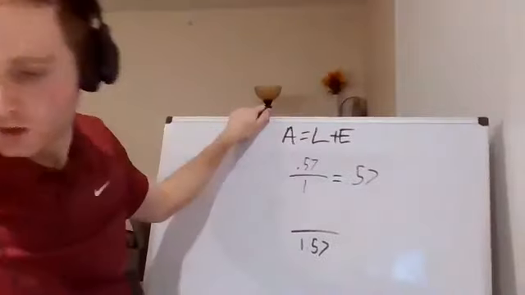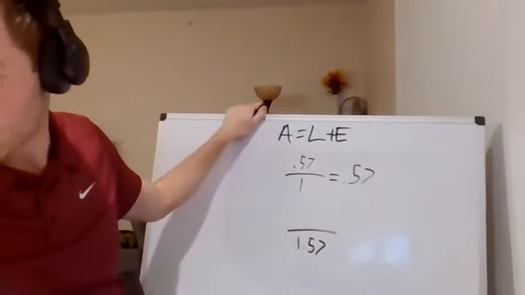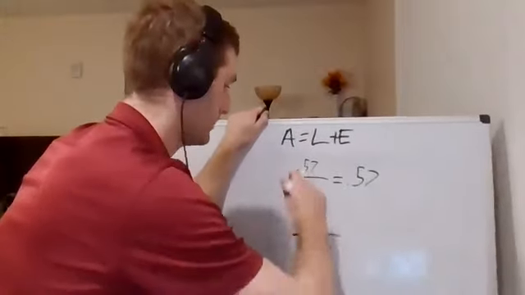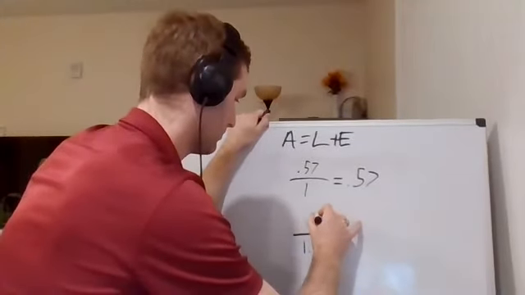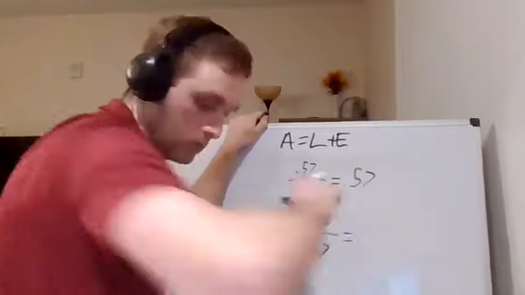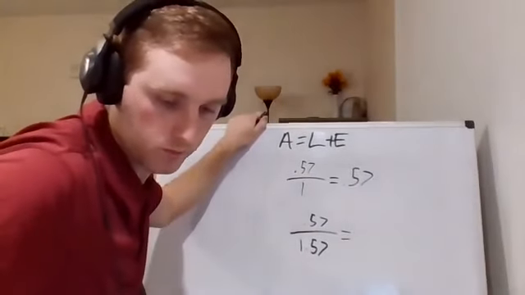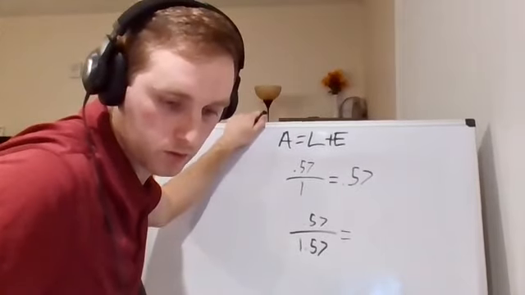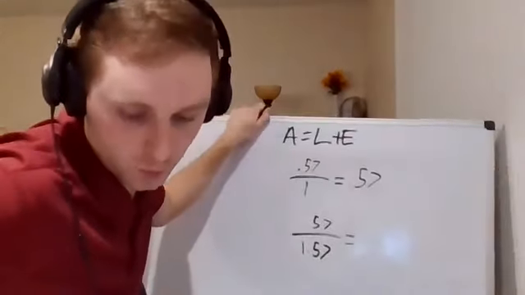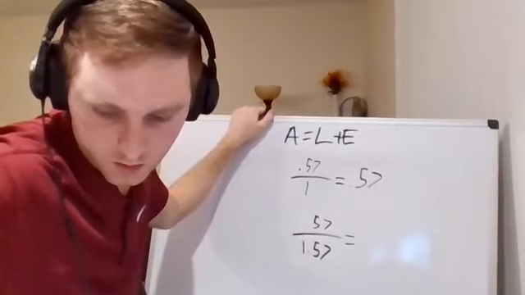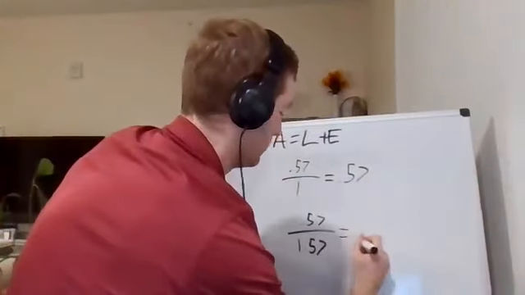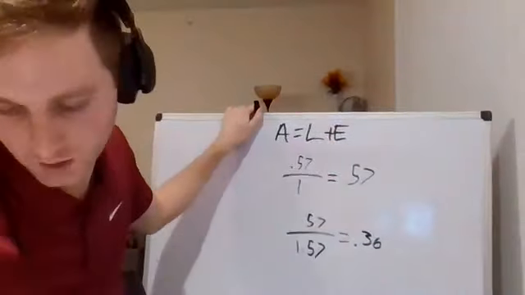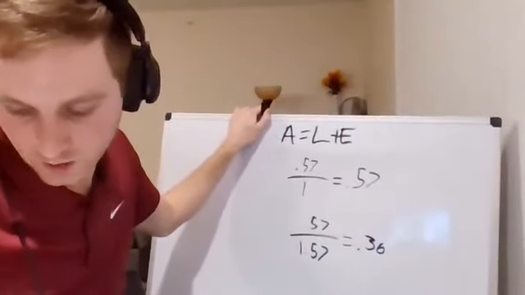The total debt ratio is liabilities over assets, so 0.57 divided by 1.57 equals 0.363, which is 0.36 to two decimal points. That is our total debt ratio.